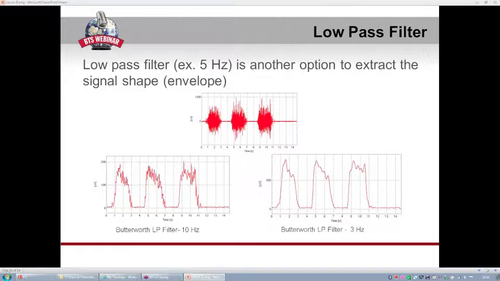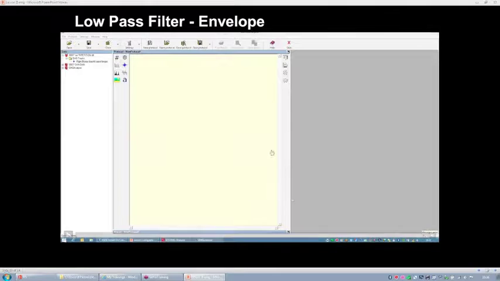But also the low-pass filter with a cutoff frequency, for example, set at 10 or 3 Hertz, is a widely used method to extract the shape of the EMG signal and to compute what is called the envelope of the signal.